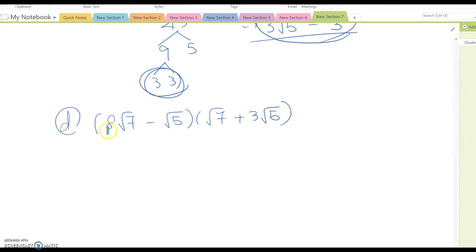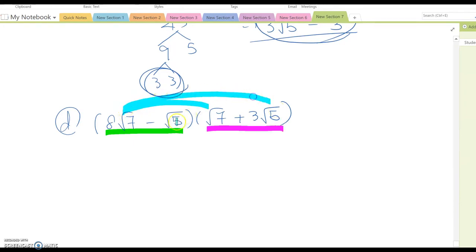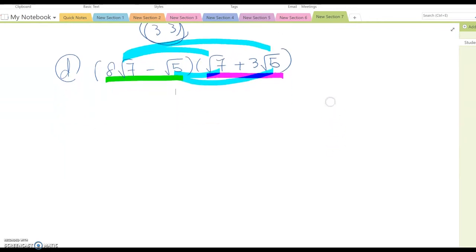As you see, we are multiplying a binomial times another binomial, so you need to do FOIL. So 1, 2, 3, 4 like that. Okay? Therefore, this becomes 8 root 7 times root 7, which is 8 times root 49.